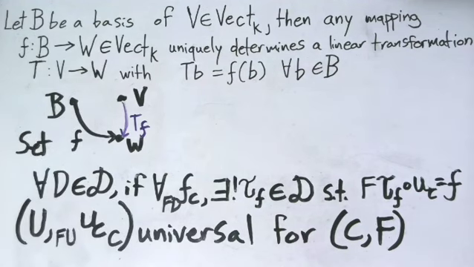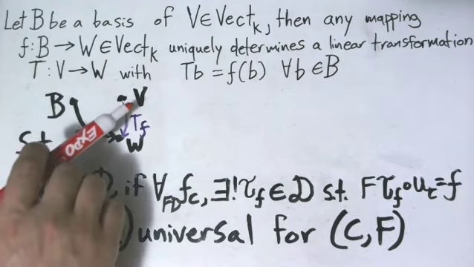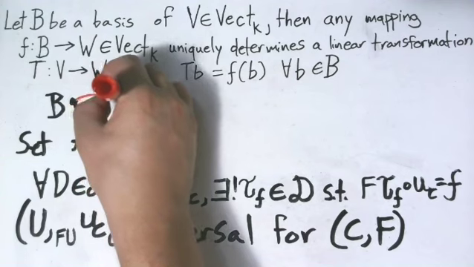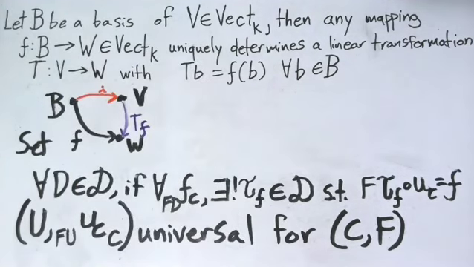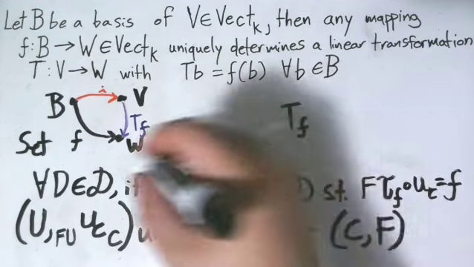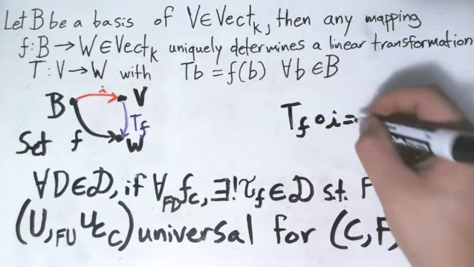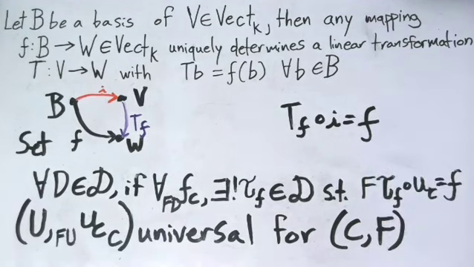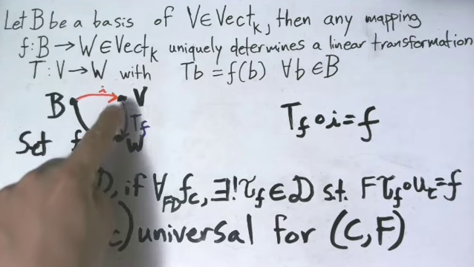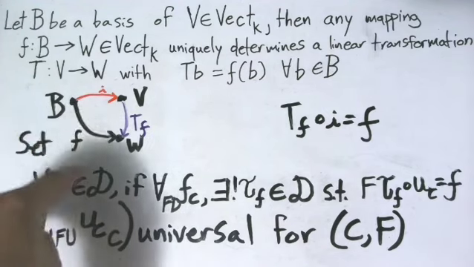So what that's saying basically is that if I include the basis vectors B into themselves in the vector space V, that is, if I use the inclusion map from these basis vectors, which just map to themselves within the vector space V, then what I'm effectively saying is that applying T of f after applying the inclusion map is going to be the same thing as f, right? f sends the basis vectors of B to certain elements of W, and we need for this linear transformation to agree with all of those mappings.